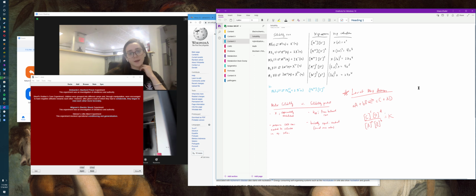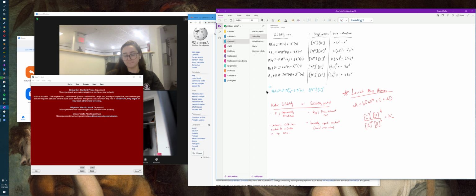Then if you want to turn it into some K, you put the products on the top, reactants on the bottom, and whatever the coefficients are, you use as exponents.